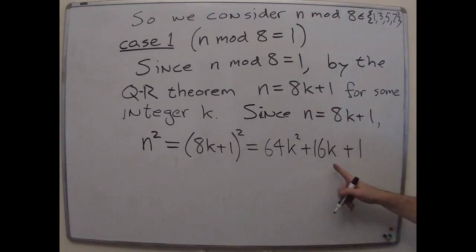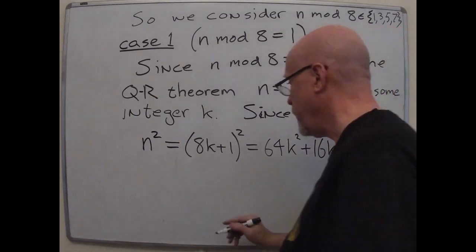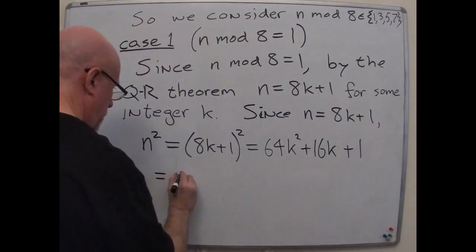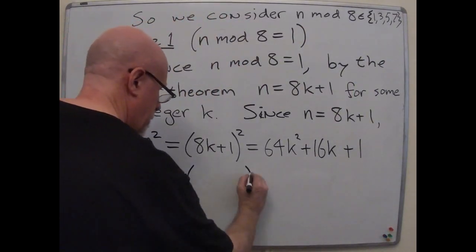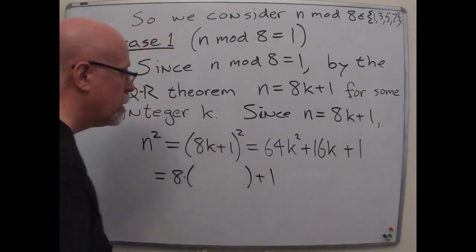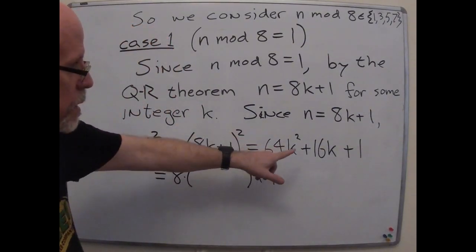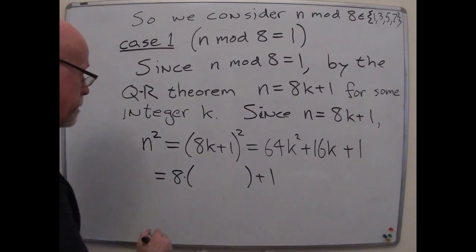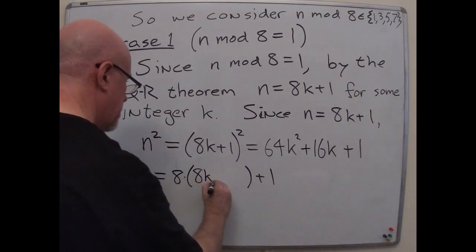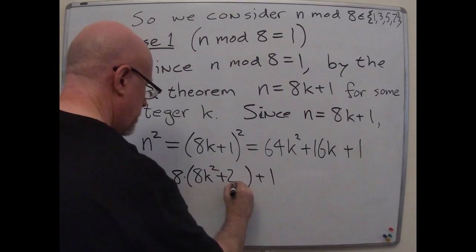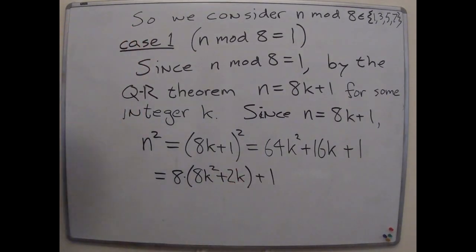And it does, because this can be re-expressed as 8 times something plus 1. What's the something going to be? Well, 8k squared plus 2k. So there you go. We've put it in the form that we desired. So that q is 8k squared plus 2k.